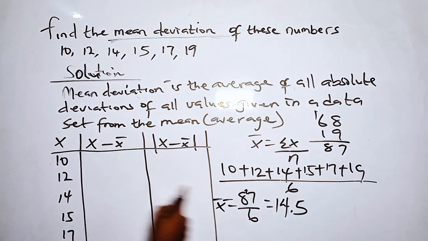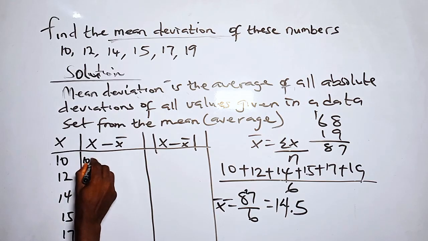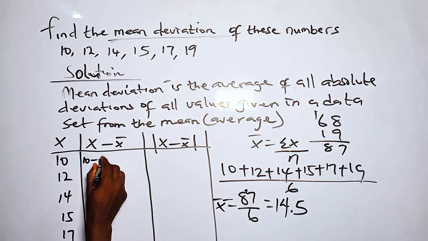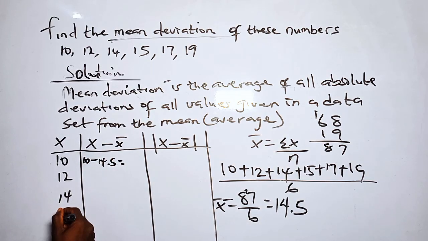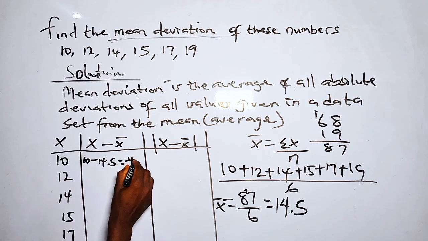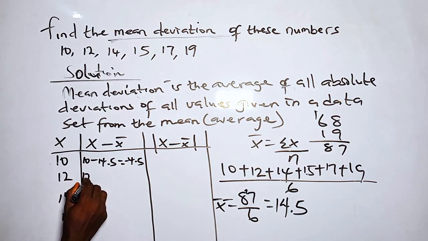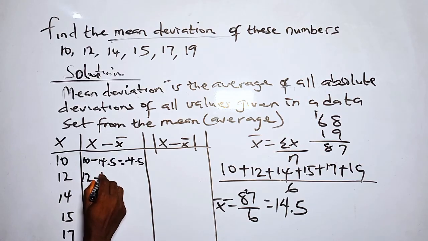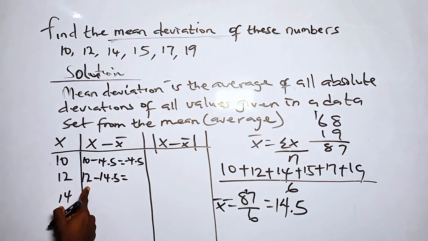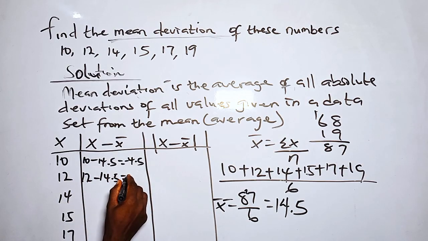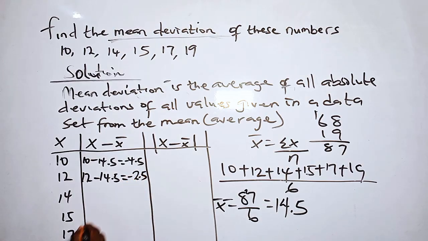So we say 10 minus 14.5, which is minus 4.5. The second one, 12 minus 14.5, is minus 2.5.